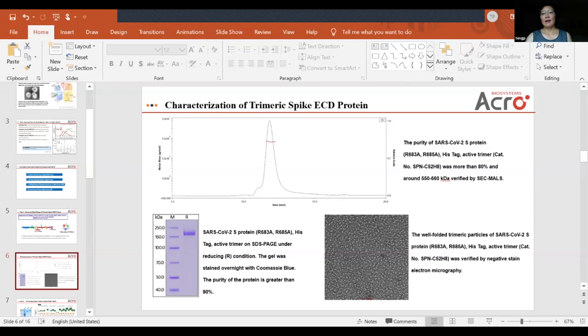The population is higher than 80%, and the quality is much higher than some other vendors' products, which are expressed in insect cells, and you know, their products basically have very high polymers, and the quality is not as good as ACROBiosystems products.